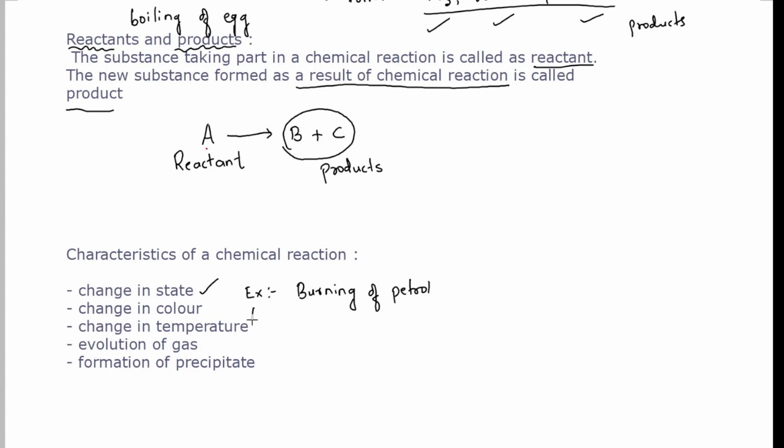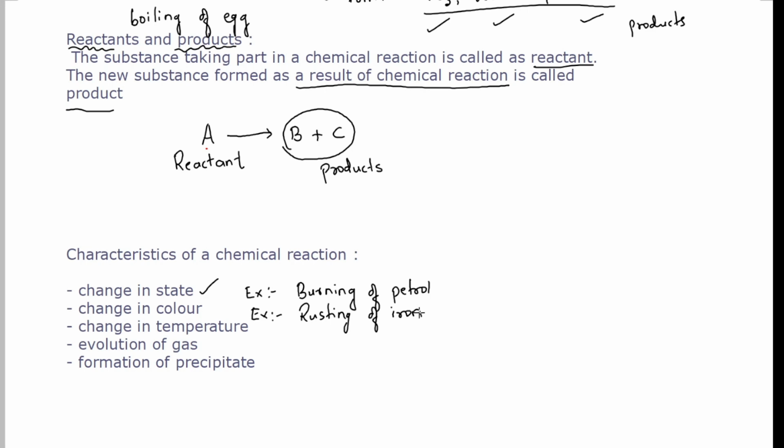Then, change in color. The most familiar thing that you observe in your daily life is that when iron is exposed to moist air, there is a formation of rust on the outer layer. Rusting of iron is an example, because we know that iron is a shiny black metal.